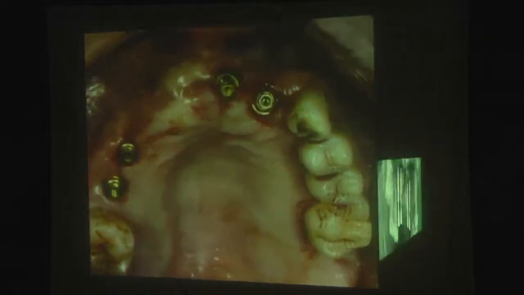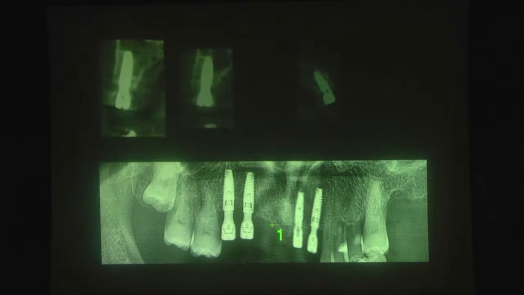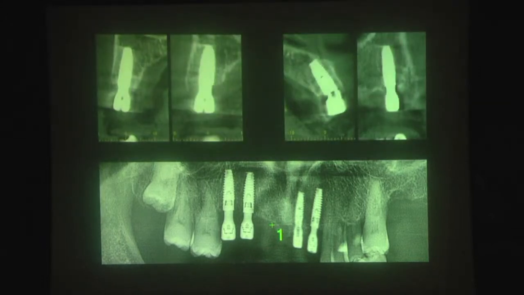And now it's time to start evaluating the radiologic views. You see 4 implants here, and the cross-sectional views. We are in the bone in the right position, here for this one, here for this one, and here for this one.